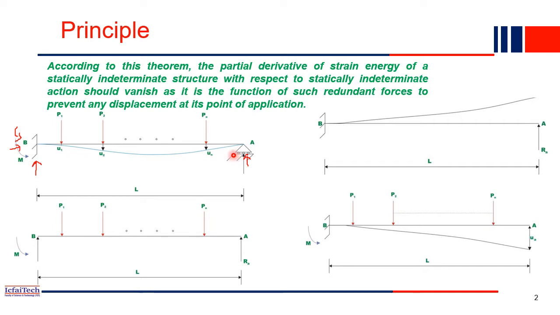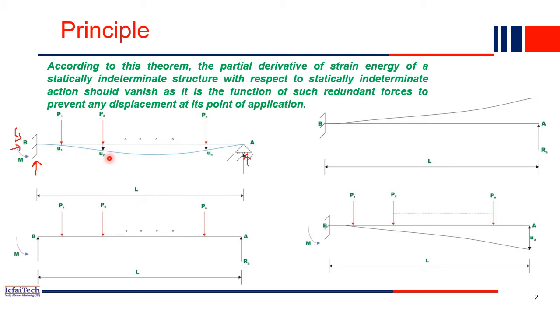Now in this method, first we have to make our structure a determinate structure. How? This is an indeterminate structure, so we have to remove one or more supports. In this case, it is only one support. We have 4 unknowns and 3 equilibrium equations, right? So if we remove one support, then we can make the beam a statically determinate beam.